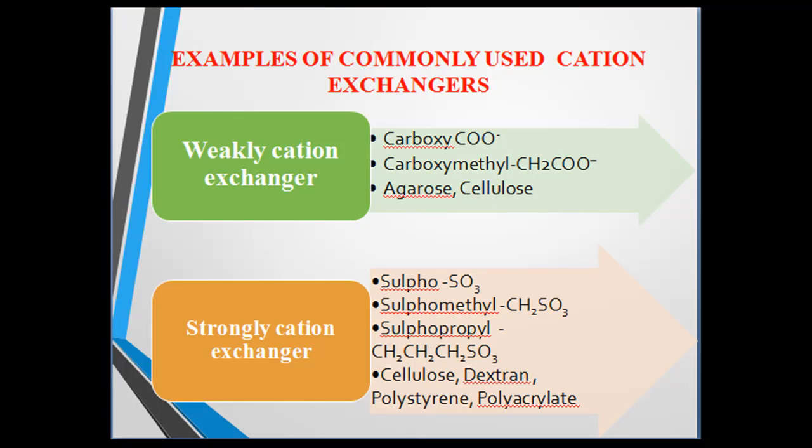The examples of strong and weak exchangers are discussed in detail in Table 2. Matrices used include polystyrene, cellulose, agarose.